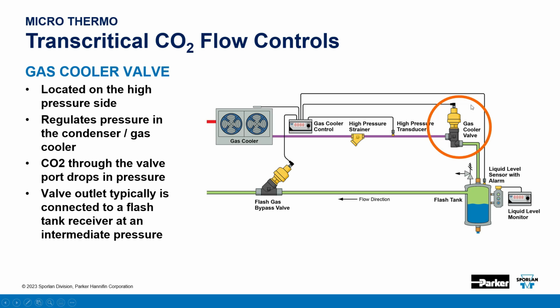What we need to do then is have the gas cooler and the flash gas bypass valve work in tandem to make sure that we take the CO2 that may have become a transcritical fluid, and through a huge pressure drop across the gas cooler valve, we get that CO2 back to, as much as possible, 100% liquid CO2. Any gas that has not been converted to liquid, we simply evacuate through the flash gas bypass valve and reprocess it to do work in the system.